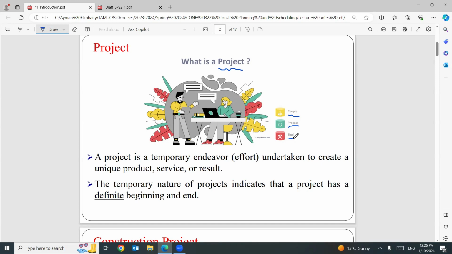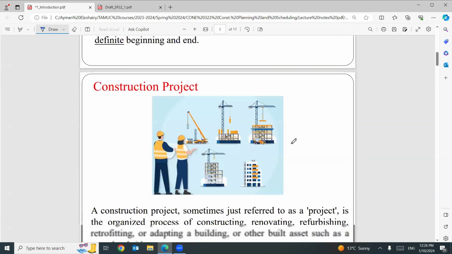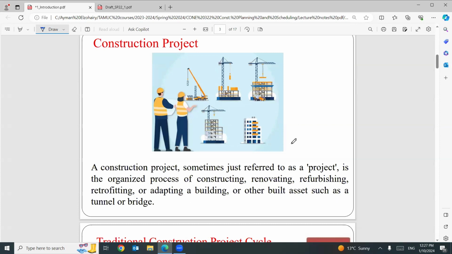This is in general. To be more specific, what is the meaning of construction project? Construction projects, sometimes referred to as a project, is the organized process of constructing, renovating, refurbishing, retrofitting, or adapting a building or any other built asset, like tunnel, bridge, highways, houses, whatever the type of structure.